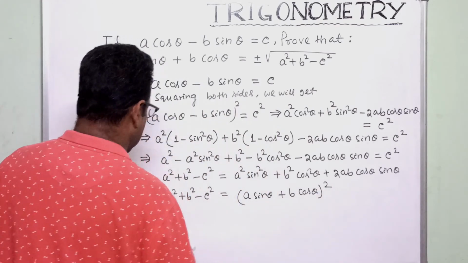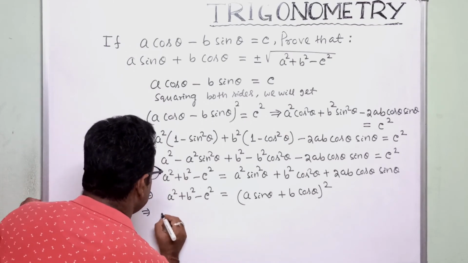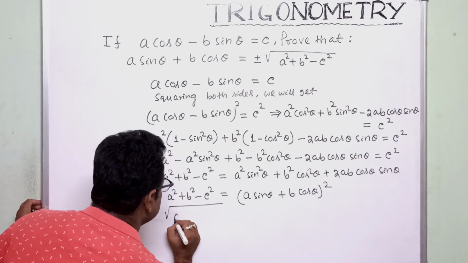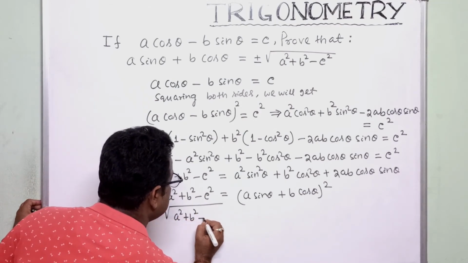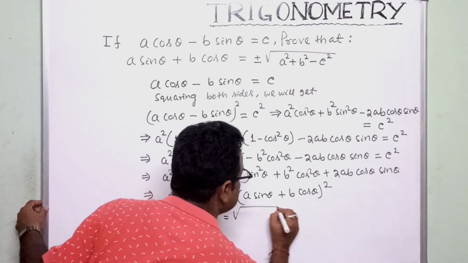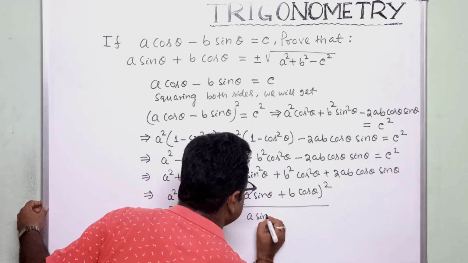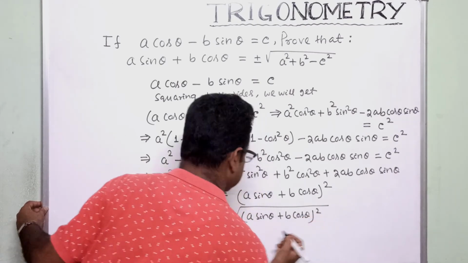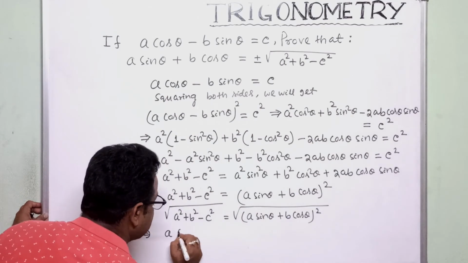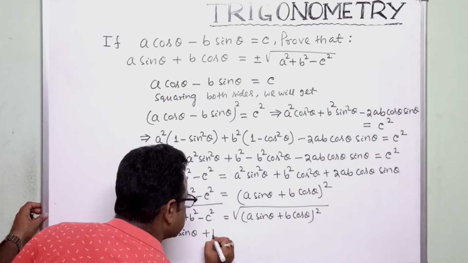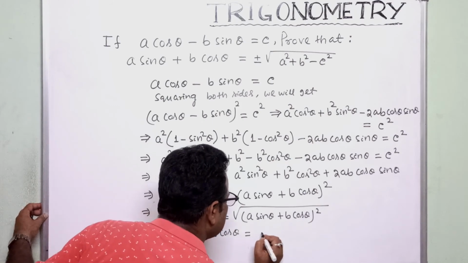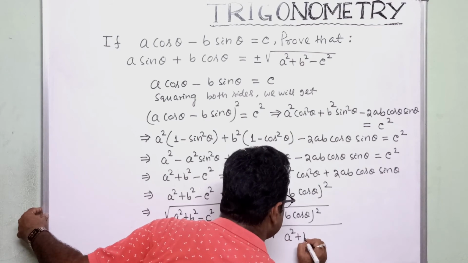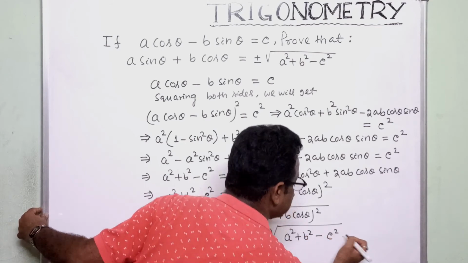Okay, so that implies taking square root, root over a square plus b square minus c square is equal to root over (a sin theta plus b cos theta) whole square. That implies a sin theta plus b cos theta is equal to plus minus root over a square plus b square minus c square.